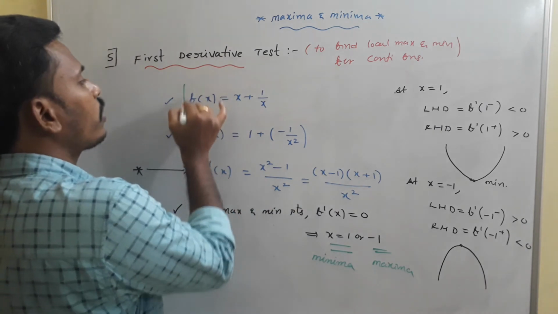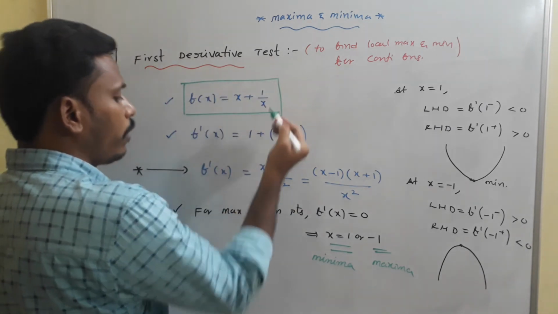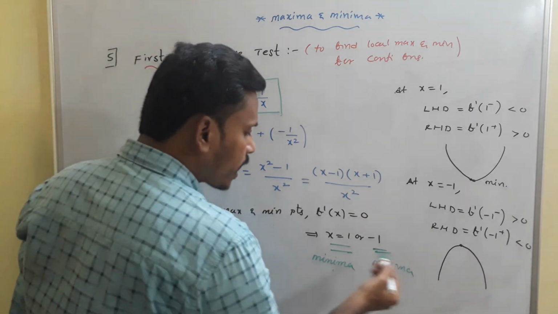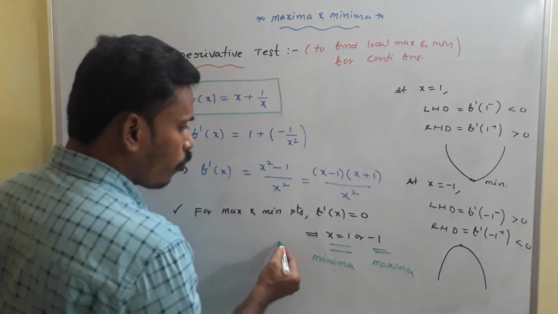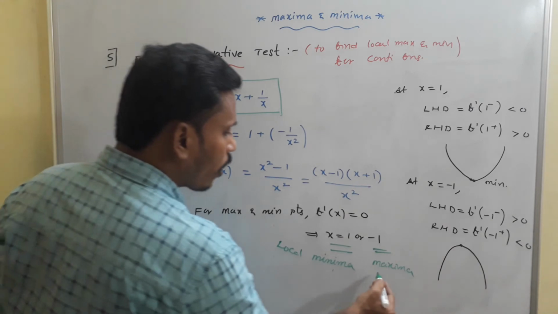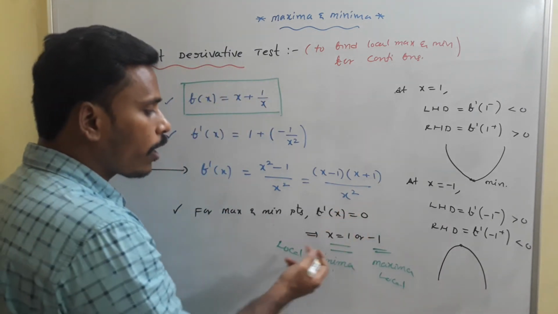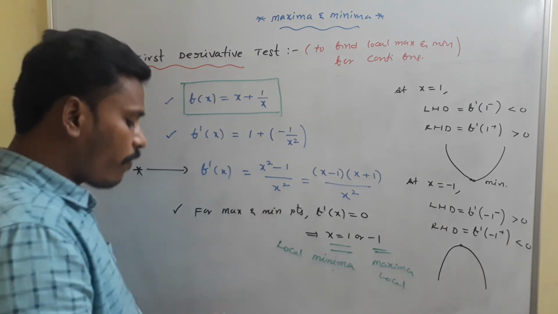So for this function f of x is equals to x plus 1 by x, the maxima point is x is equals to minus 1 and the minima point is x is equals to 1, and we call these local maxima and local minima. Local maxima is at minus 1, local minima is at plus 1. And what is the value?